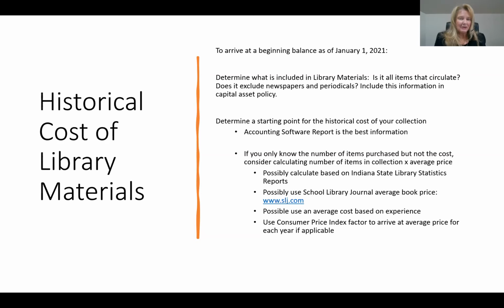You might be able to find an average unit cost, maybe in the Indiana Library Statistics reports. You might be able to use the School Library Journal average book price. You might want to use an average book price based on your own experience, and then use a consumer price index factor. But hopefully you have all of that in your software report and you don't have to worry with those estimations.